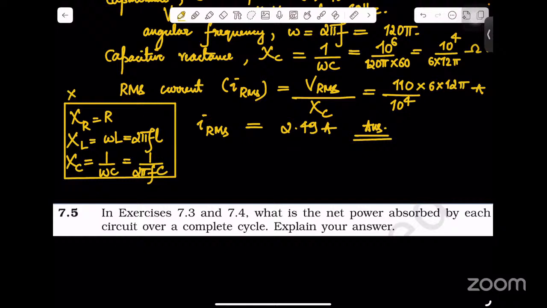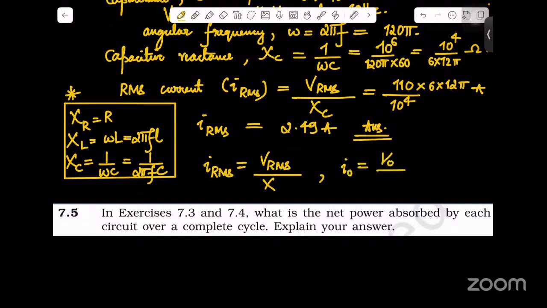And another listing: the IRMS is VRMS upon the total reactance, and the I naught, or the peak current, is V naught upon the total reactance. So these two things you need to keep in mind.